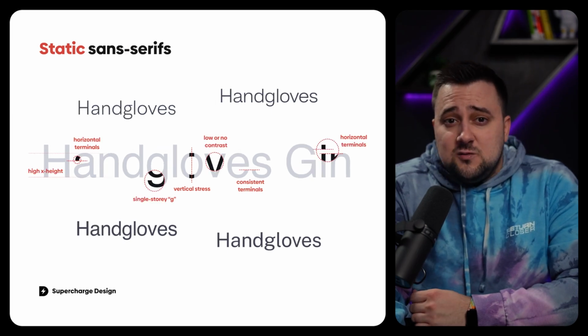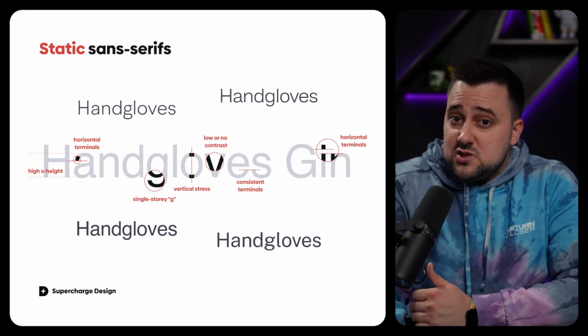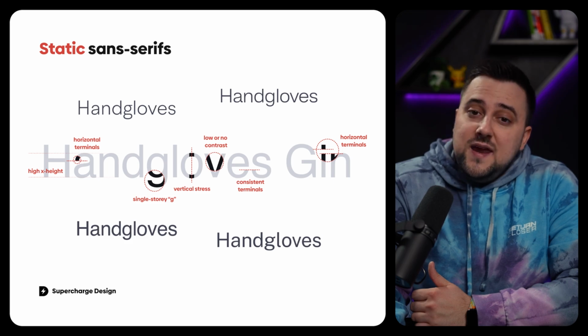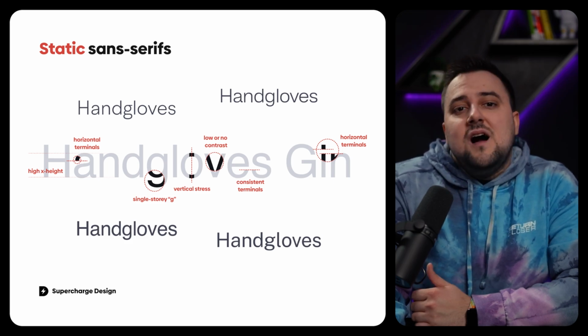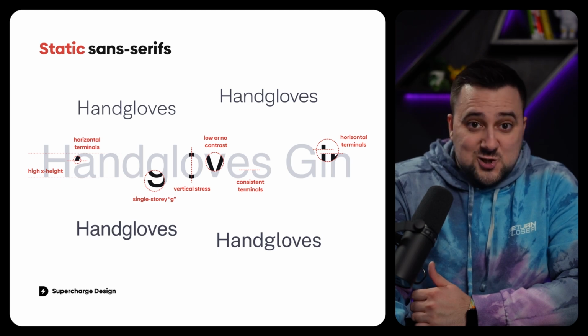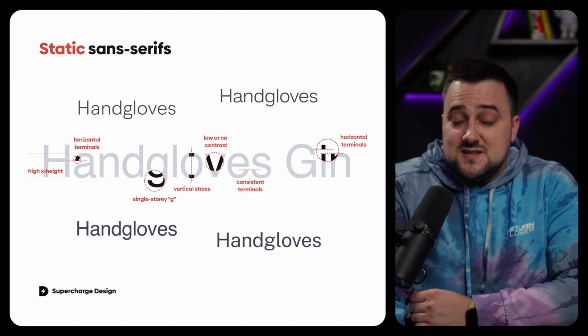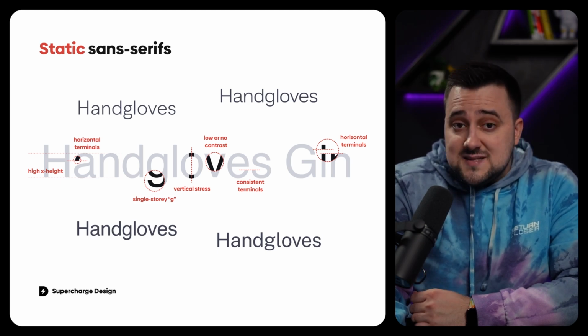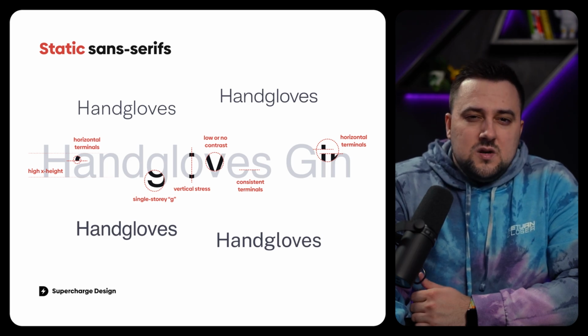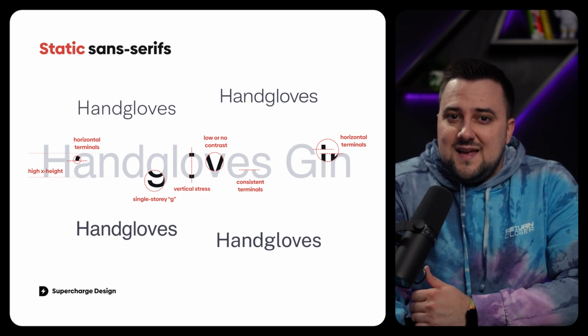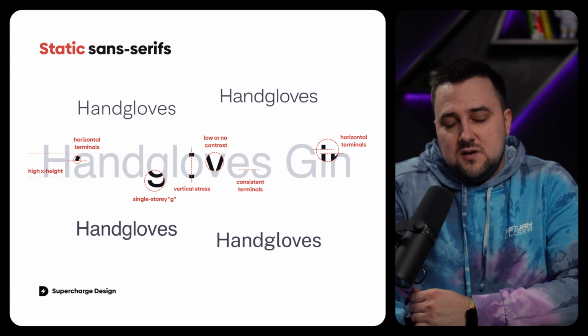Taking everything that we know about grotesque or transitional sans serif typefaces, we can move into the neo-grotesque or static category. The hardest ones to tell apart are transitional and static sans serifs. Static or neo-grotesque sans serifs have little to no contrast in the strokes. Terminals are usually perfectly straight, and that gives them more of a geometric appearance.